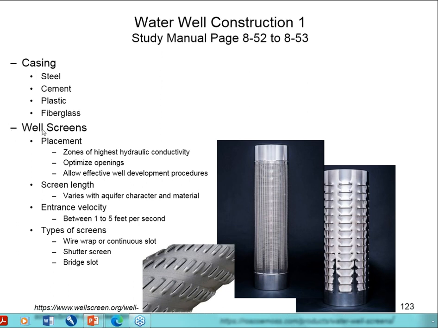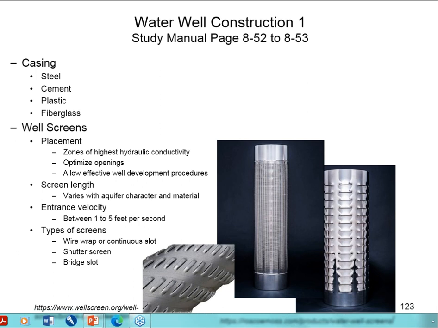We want to put the well screens, the openings, where we have the highest hydraulic conductivity. And we want to think about optimizing those openings so that we can effectively develop the well.